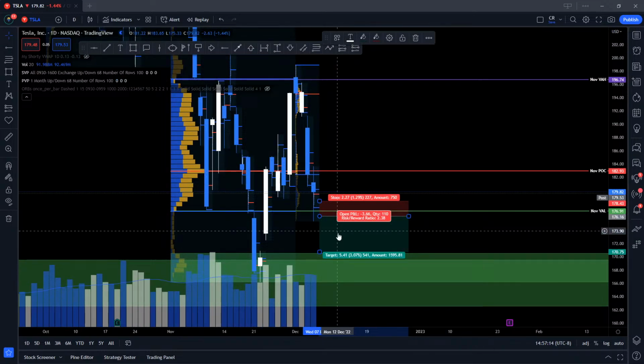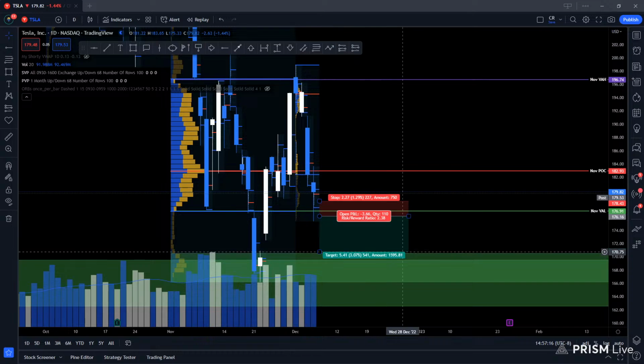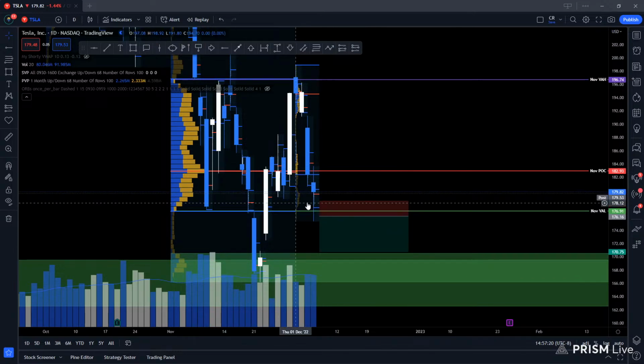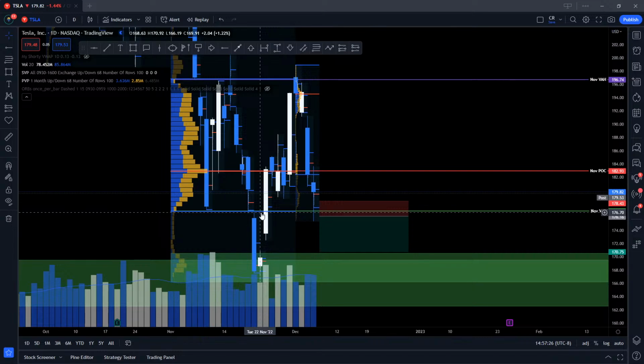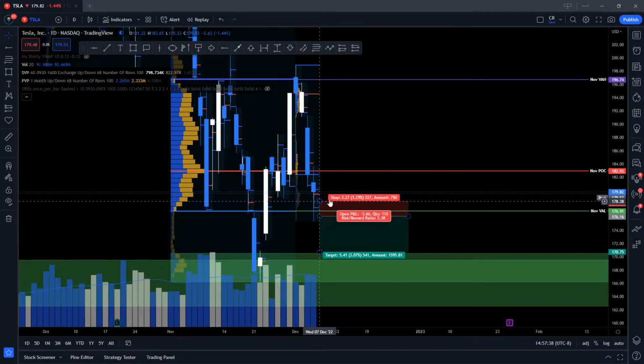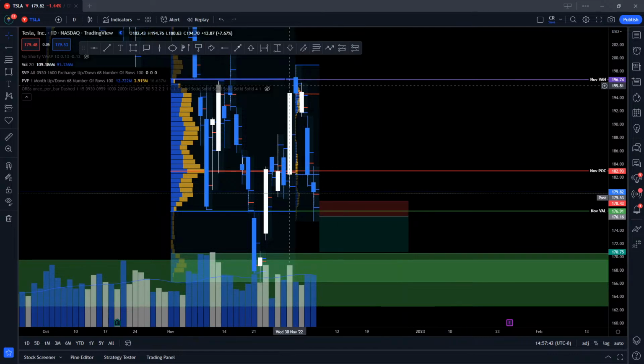So hopefully that makes sense to everybody, how you want to look at your trades. You want to use technical analysis. You want to find a point on the chart as your stop loss, not just some random percentage or P&L off of your trade. You're not looking for percent gain or loss, and you're not looking for a dollar amount gain or loss. You're looking for points on the chart, technical analysis, and a point on your chart for your exit.